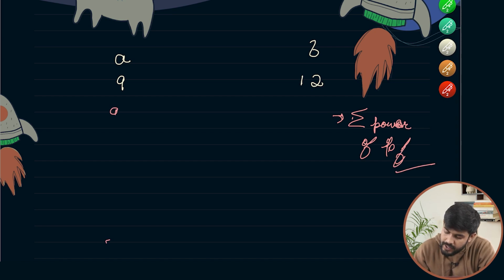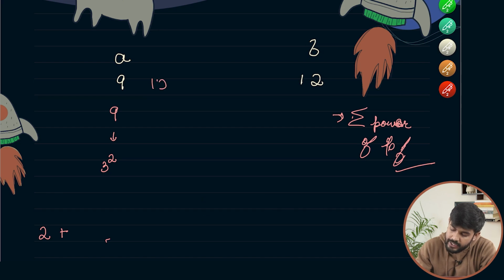Now, for 9, the prime factor is 3 square, so the power is 2, so we would add 2. And from A to B, that is 10. For 10, the prime factors would be 2 multiplied by 5, which is 1 plus 1, which is again 2.